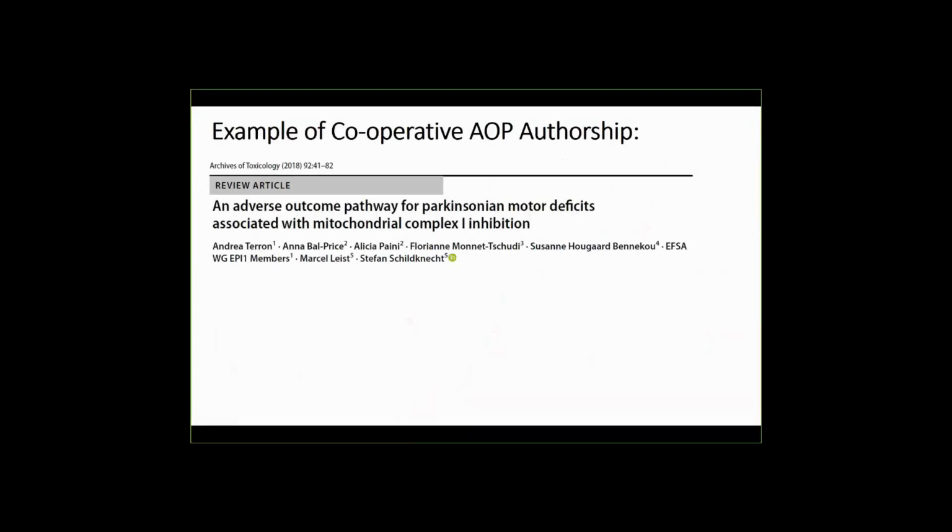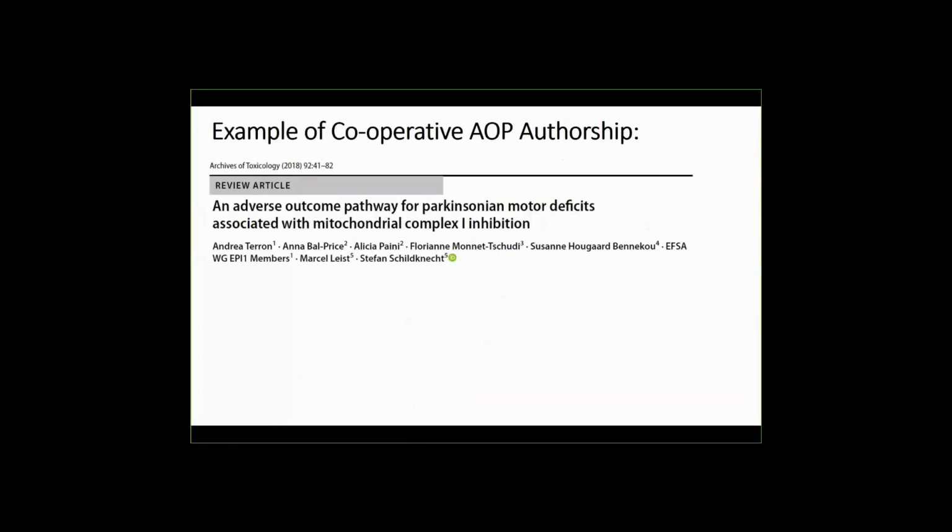So a couple examples of AOPs that have been built in these types of ways. Now, many of the AOPs, as we've mentioned, have been built by groups of people. And so most of the AOPs in the knowledge base are built this way.